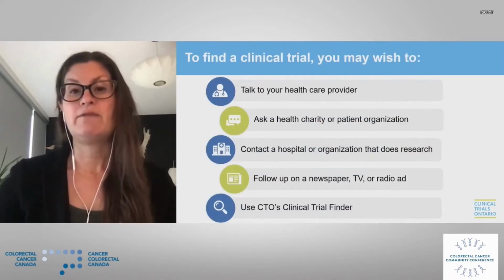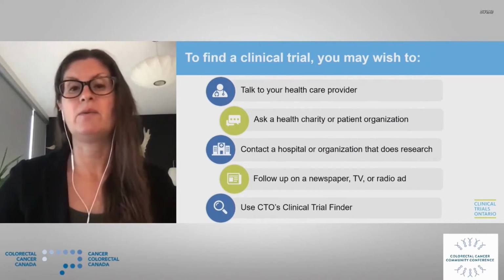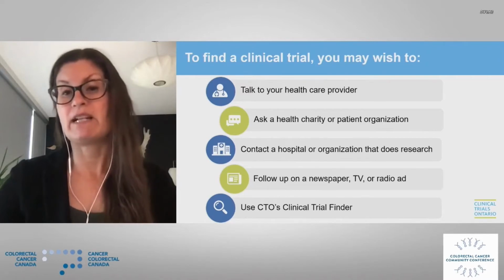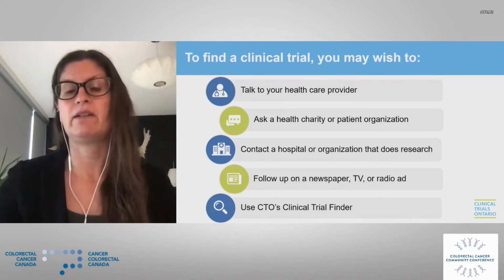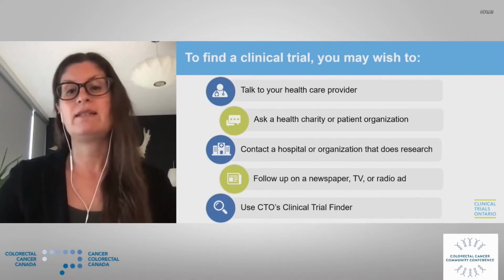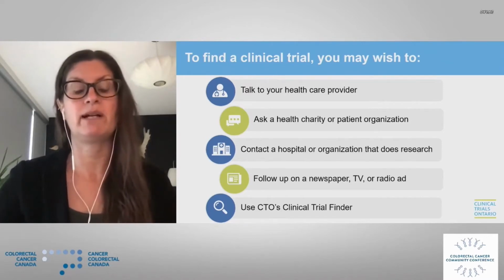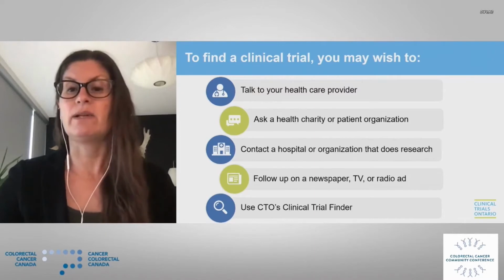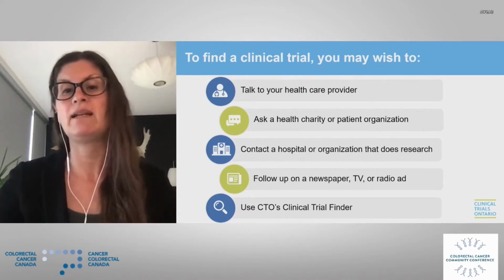So there are different ways to find clinical trials, and some of them are listed here. So one is to talk to your healthcare provider. Some specialists and some healthcare providers may feel very comfortable and know the clinical trial landscape, so that's one option for you. Another option is to ask a health charity or patient organization such as Colorectal Cancer Canada. These organizations are very often in the know about the latest research and the latest clinical trials that are happening.